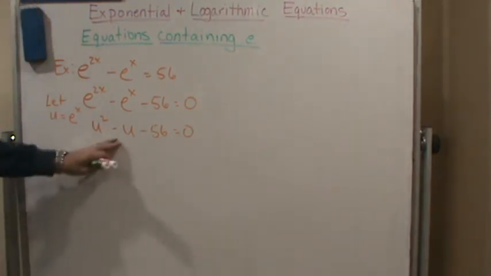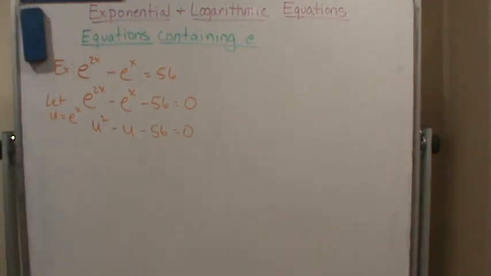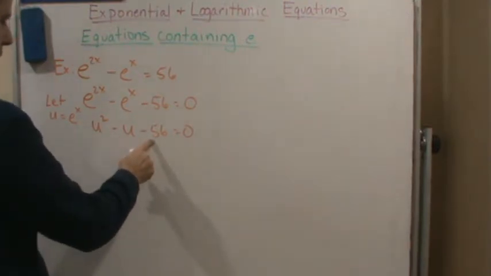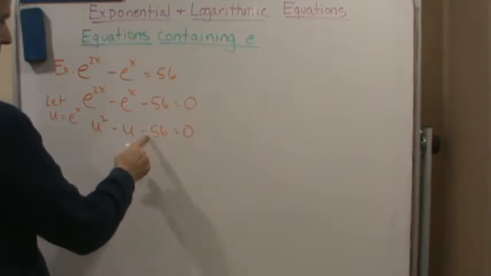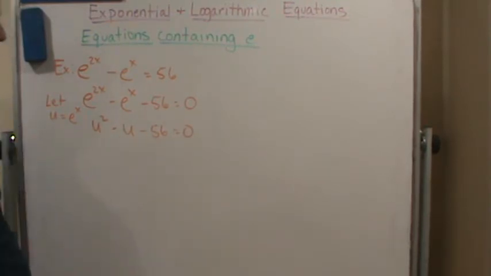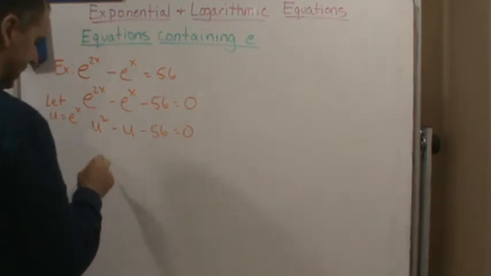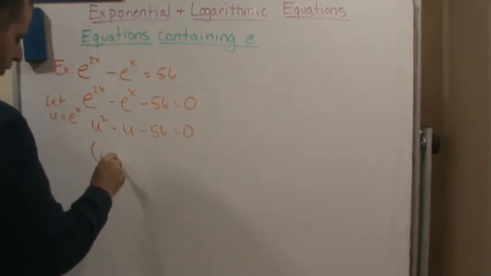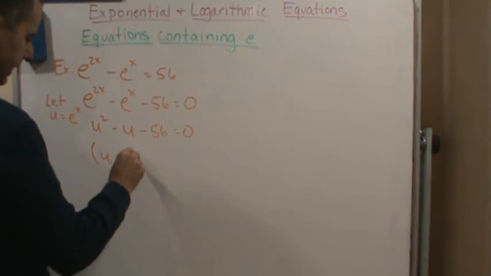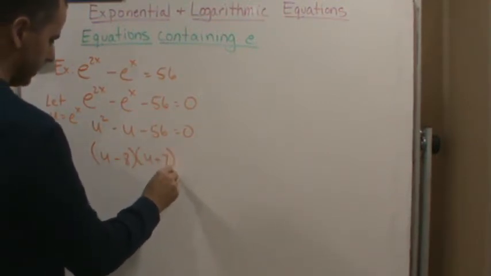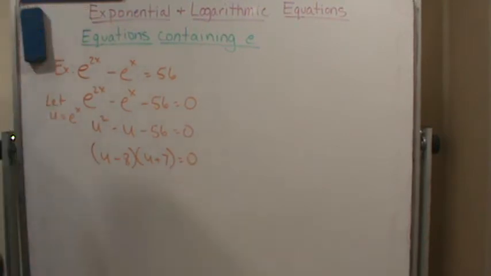And now I can see, okay, now I can factor this. It's quadratic. And so now I can go and factor this. Well, what are two factors of negative 56 that will add to negative 1? Well, that's easy. That's going to be negative 8 and 7. So this is going to be u minus 8 times u plus 7 equals 0.